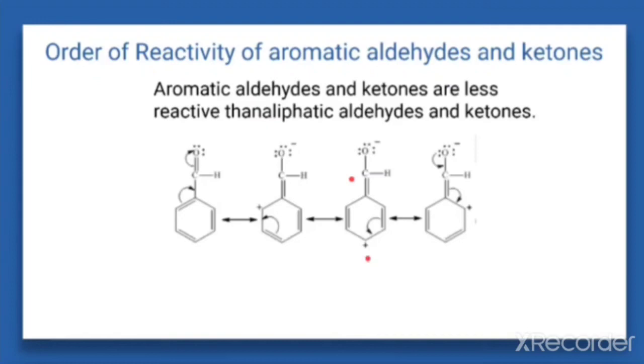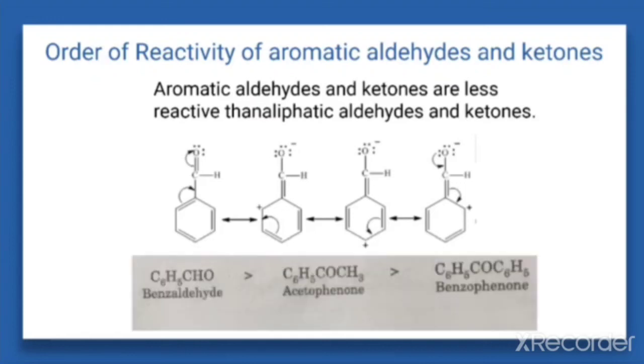You can see the partial positive charge is on the ring, not on the carbon. So because of the resonance, the partial positive charge on the carbon of the carbonyl group decreases. So the nucleophilic attack decreases. Therefore, aromatic aldehydes and ketones are less reactive than the aliphatic aldehydes and ketones.